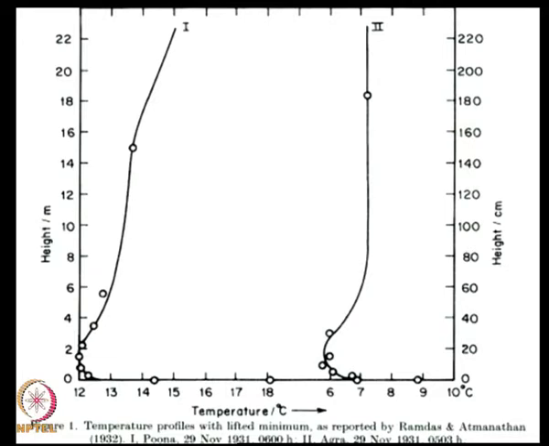Only on certain days do they find the minimum temperature above the ground and not at the ground. On most days, the lowest temperature is seen at the ground. Only on certain special days does this unusual minimum above the ground, called the lifted minimum, appear. This result is counterintuitive, because on all other days the temperature minimum occurs at the ground.